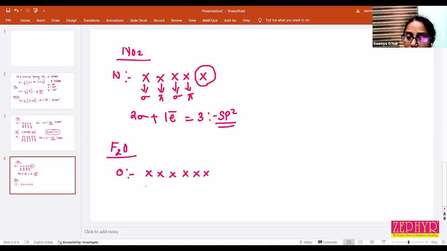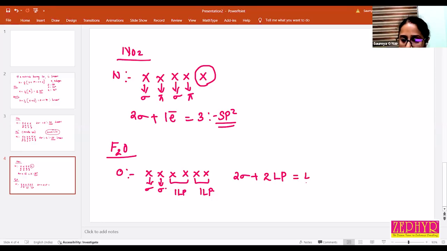Each fluorine is bonded with the oxygen by a single sigma bond, so sigma, sigma. And there are 2 lone pairs, 1 lone pair and 1 lone pair. So 2 sigma plus 2 lone pairs equals 4. It is sp3, not sp.